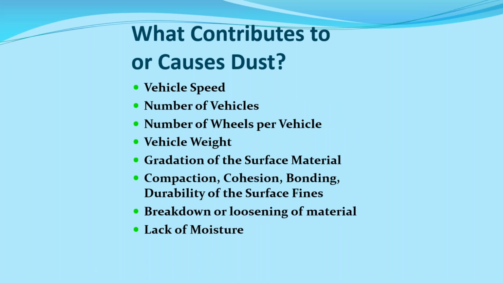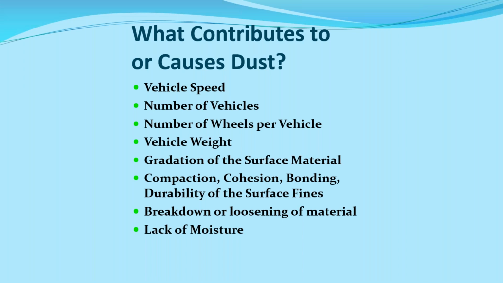Some of the things that contribute to the dust: the vehicle speed. How fast are those vehicles going? And I know on some of those unpaved roadways, our vehicle speeds are very high. A lot of them are posted at 45 miles an hour. Well, your vehicle speed might be 55, 60 miles an hour.